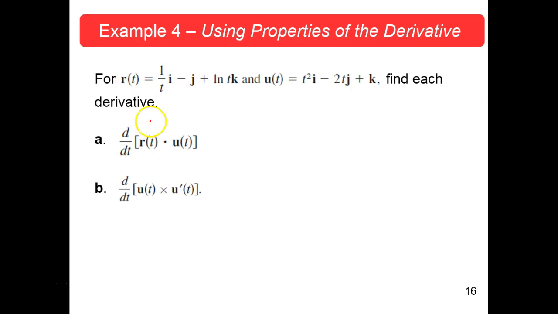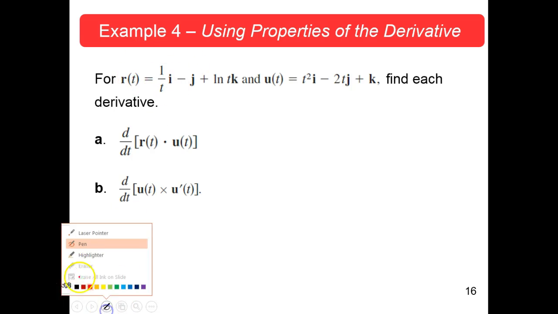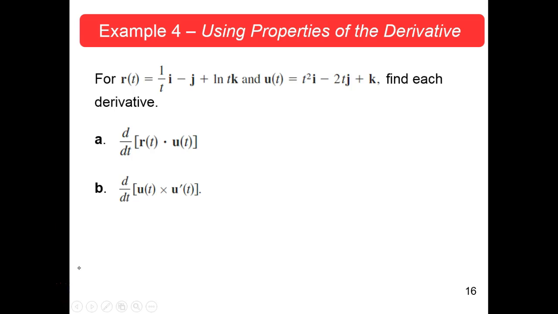So what is R dotted with U? R dot U is going to be a scalar function. Anyone know what it is?